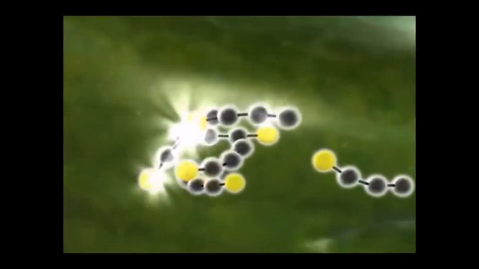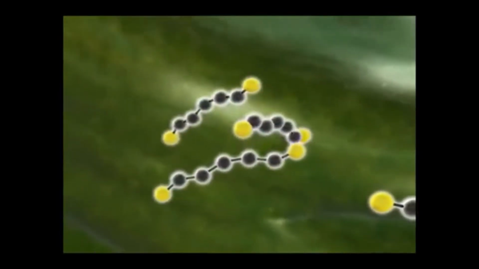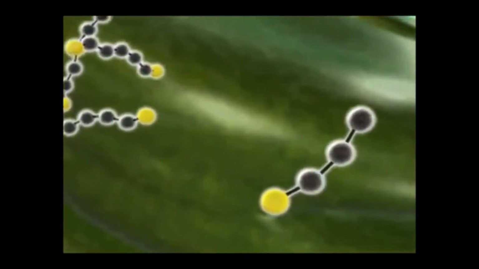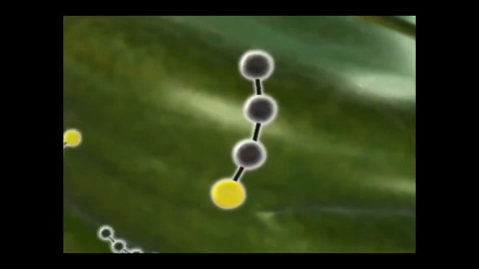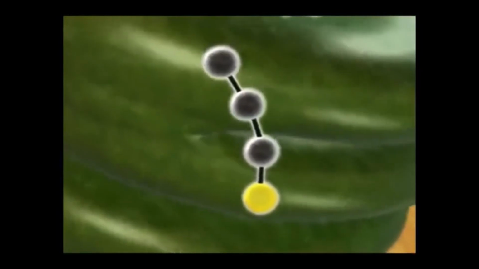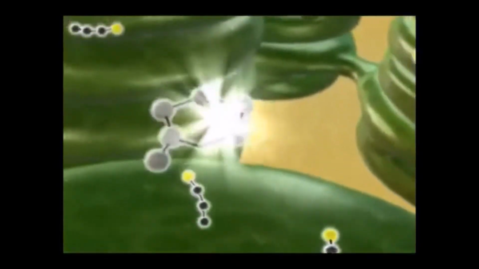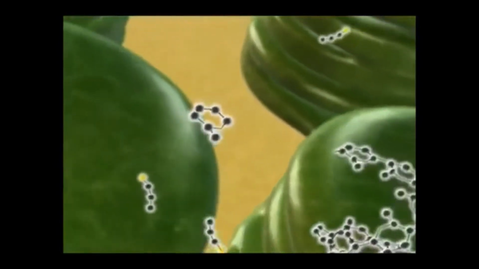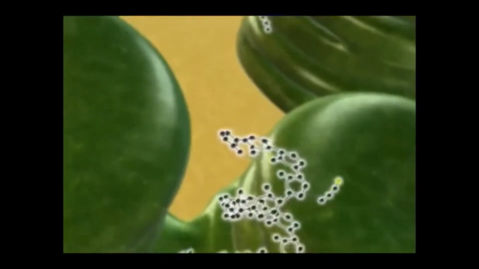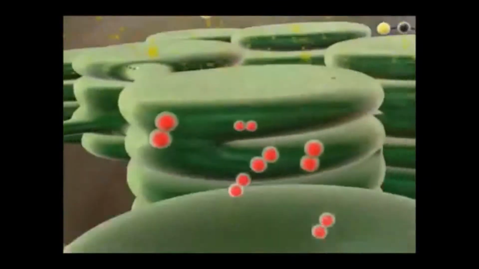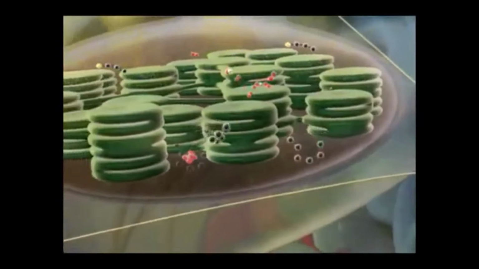Most of the G3Ps are rearranged back into RuBPs that will begin the Calvin cycle again. But the important product of photosynthesis is the remaining G3P sugar. Some G3Ps are used to build glucose, which can combine into starch or cellulose.